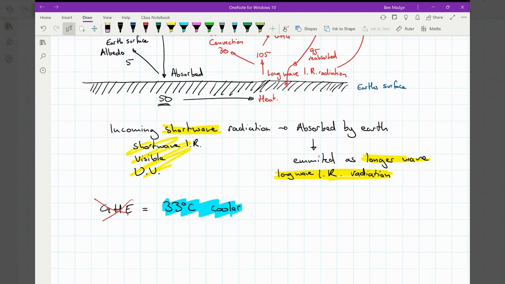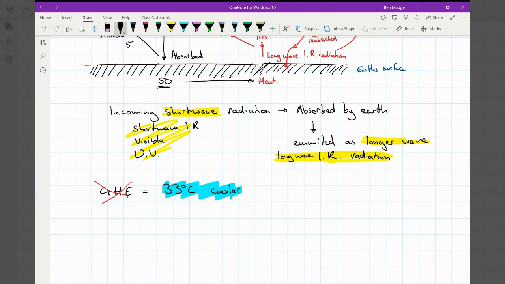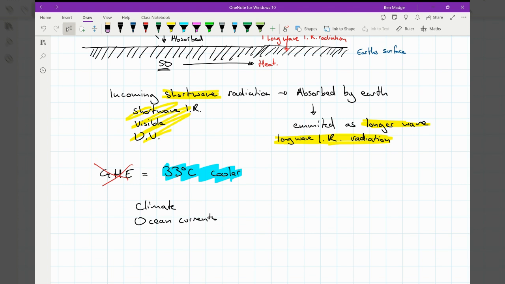This energy that we have coming from the sun being absorbed, re-emitted and reabsorbed drives things like climate, ocean currents, the hydrological cycle, and a lot of these things are therefore the abiotic factors that control the distribution of species. So it's a really important thing.